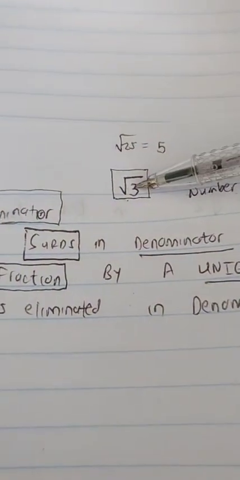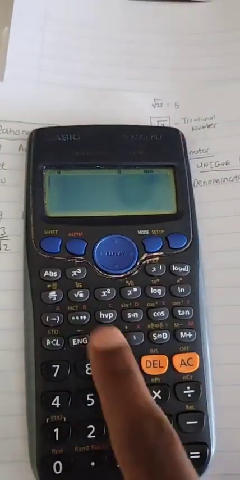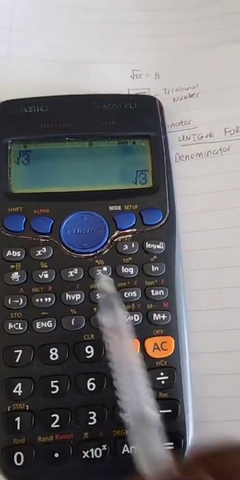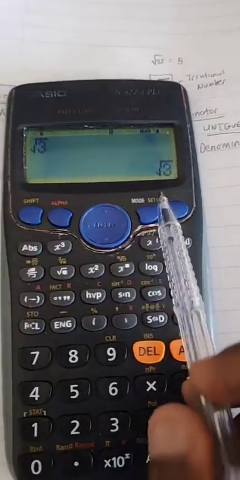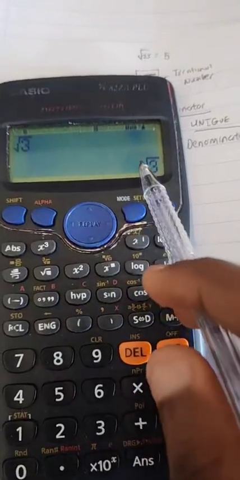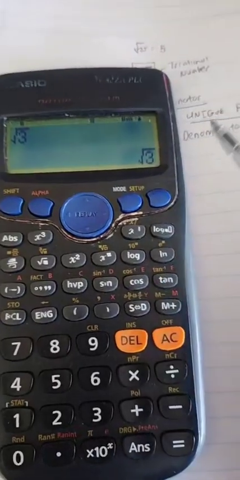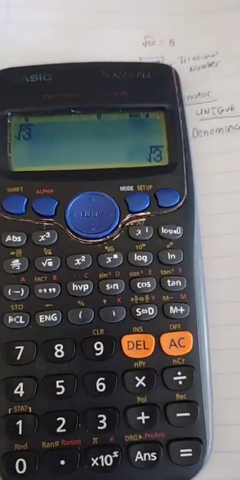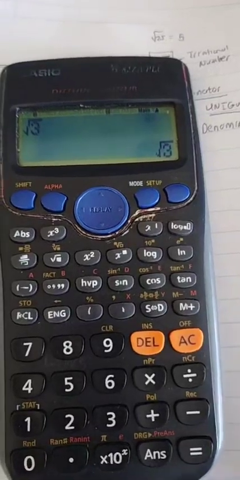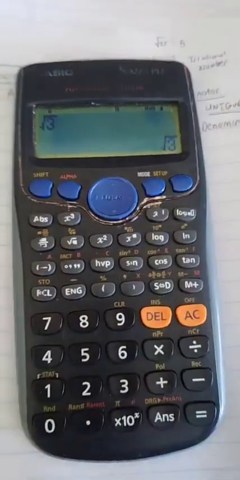So for instance, if I put the square root of 3 in the calculator and I press equal, I still get the square root of 3. So any number that still maintains the root after simplification is what we refer to as a surd, because it is an irrational number.